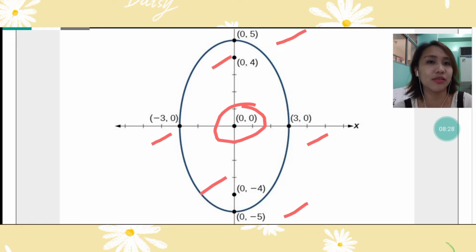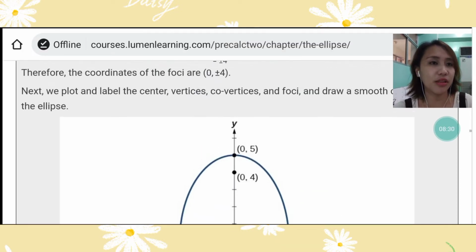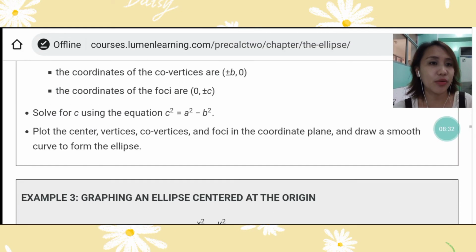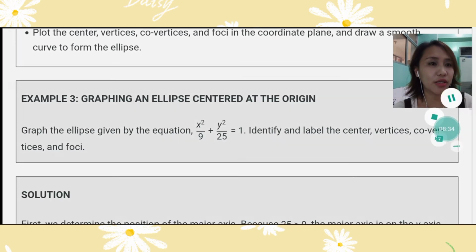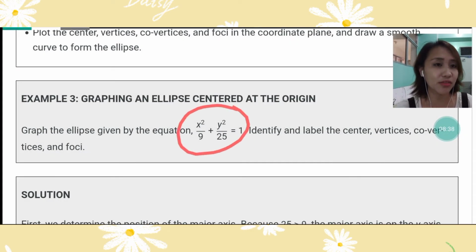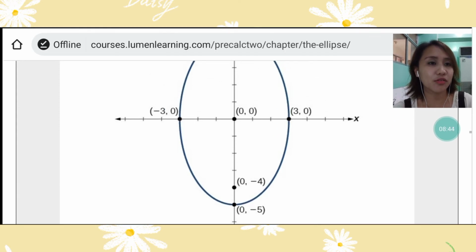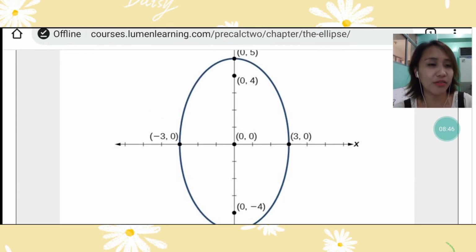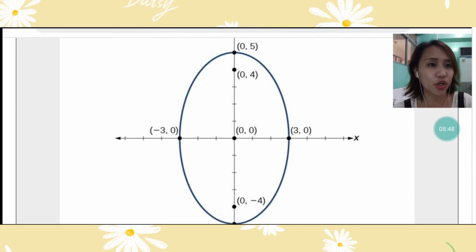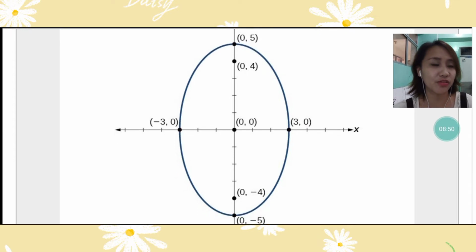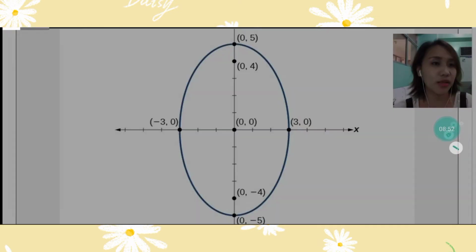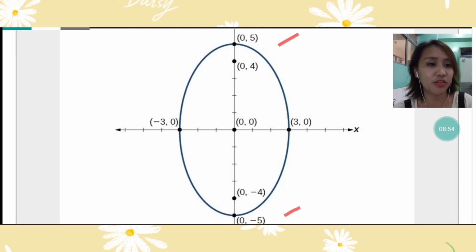So that is the graph of the ellipse given the equation x squared over 9 plus y squared over 25 is equal to 1. So notice, because a squared is 25 and the square root of 25 is 5, that's why we move 5 units up, 5 units down.